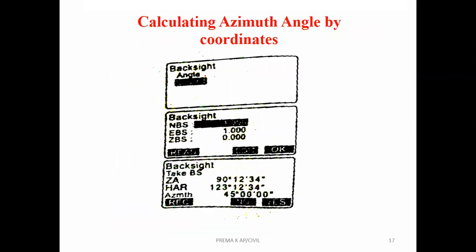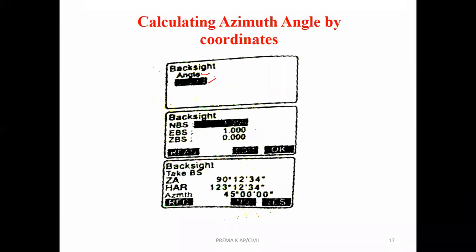So in the backside, there are angle and coordinate options. First, if you prefer angle, you can input the angle. If you prefer coordinate, you have to input station coordinates. So here it is backside coordinates, NBS EBS coordinates, and here it is angle.